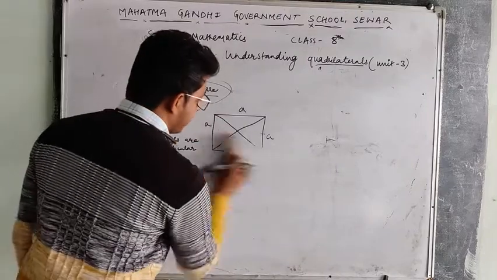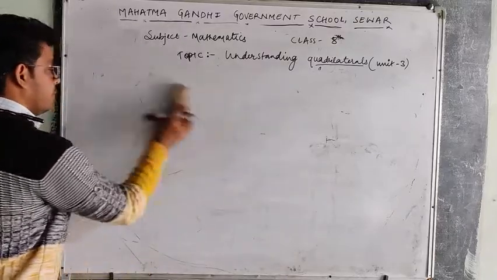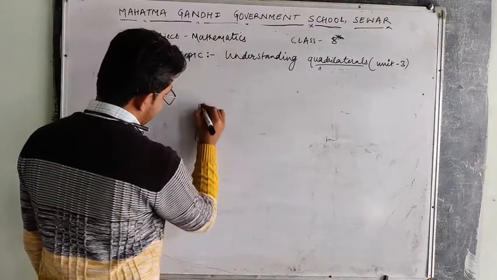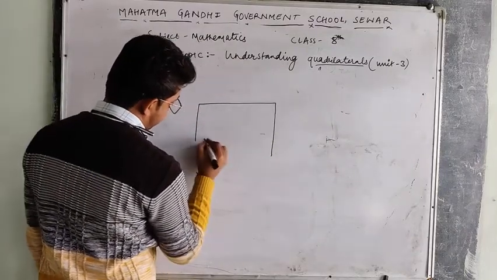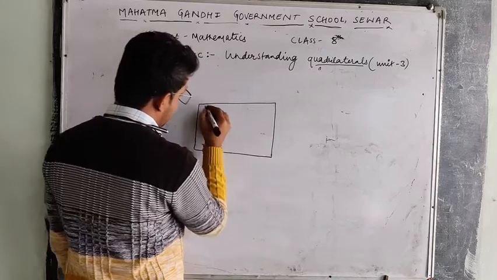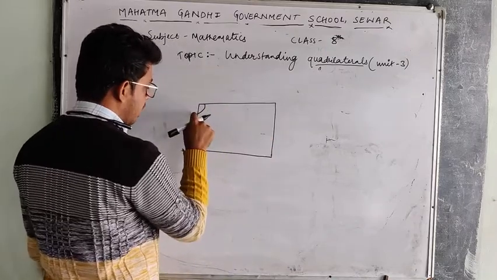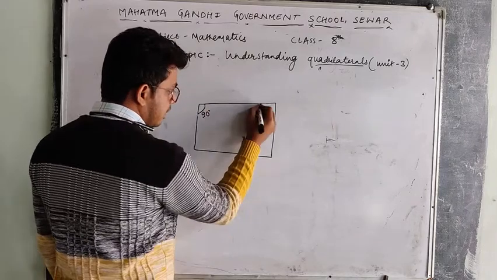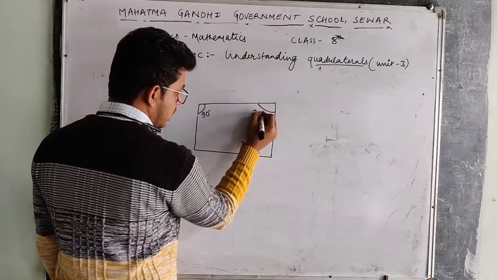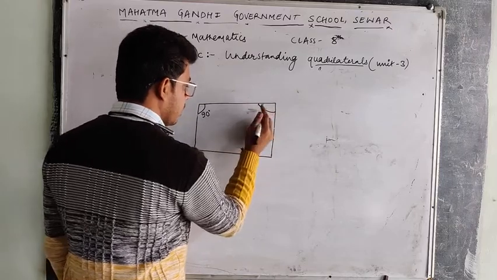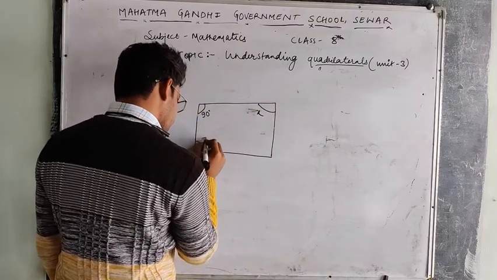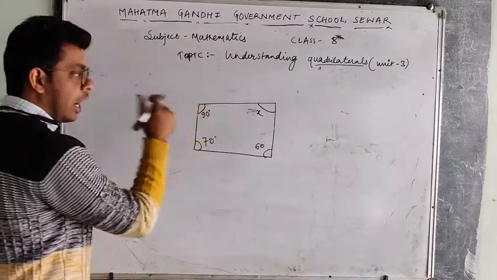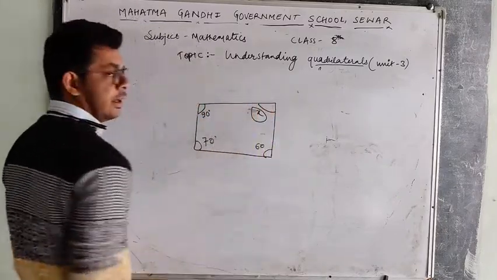Now we will see one more. If I make a structure and this is a parallelogram, I name this 90, this 60, this 70, how will I find x?